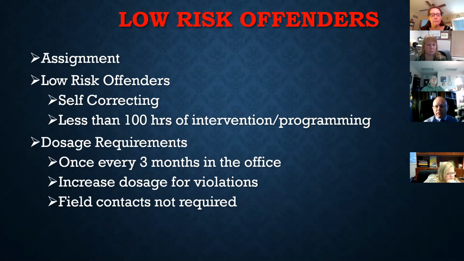Dosage requirements for office, now think about this: once every 3 months, they do an office visit. And we increase dosage for violations. So if someone's struggling, maybe tested positive again, struggling with addiction, not reporting or having issues, we may increase that frequency to once a month.